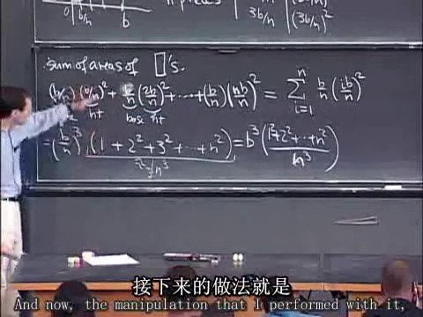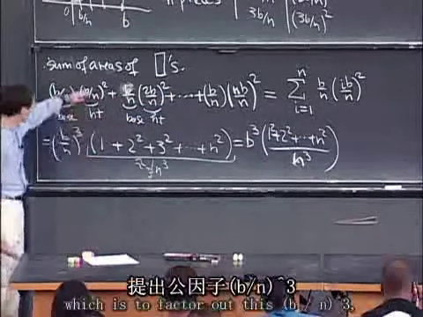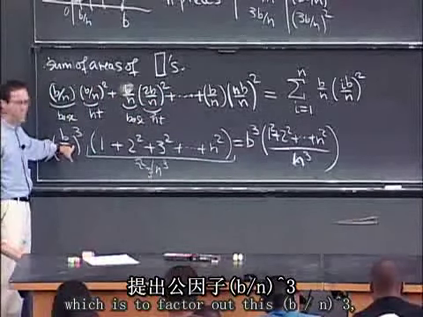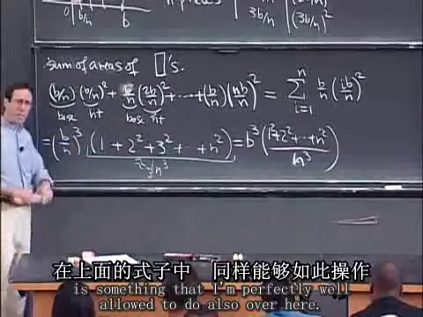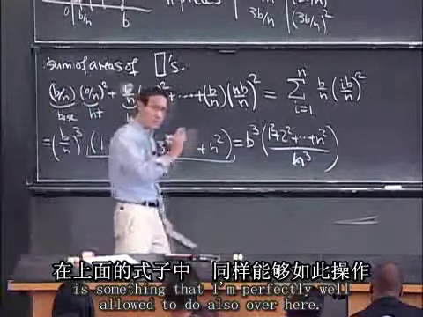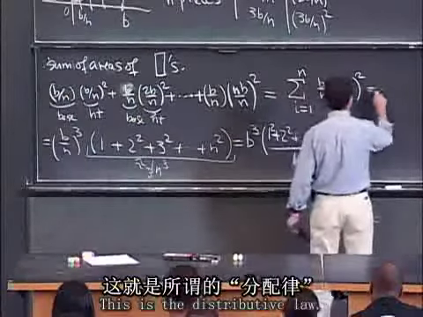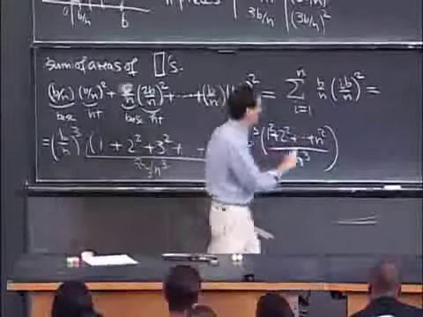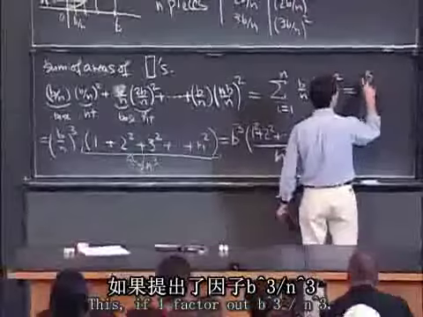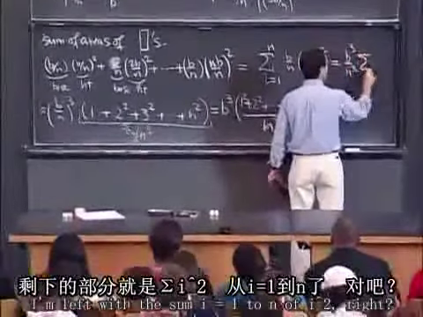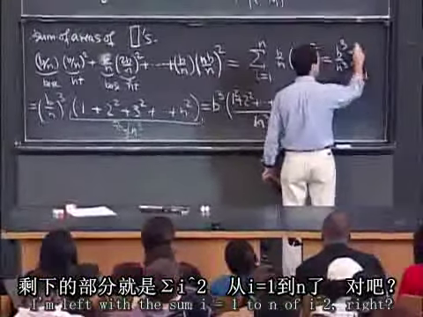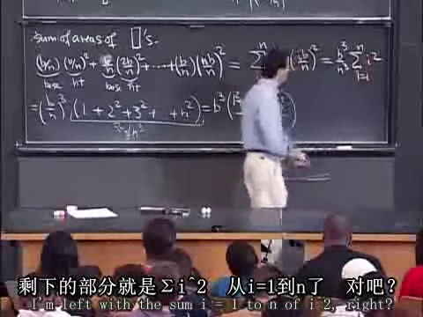And now the manipulation that I performed with it, which is to factor out this b cubed over n cubed, is something that I'm perfectly well allowed to do also over here. This is the distributive law. If I factor out b cubed over n cubed, I'm left with the sum i equals 1 to n of i squared. All right?